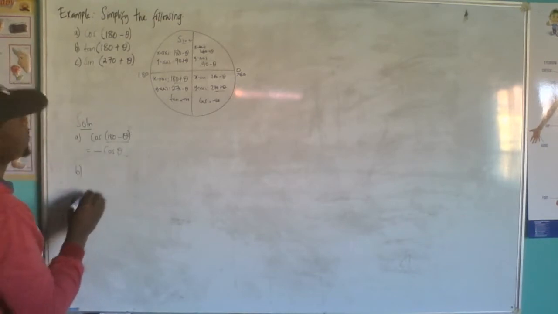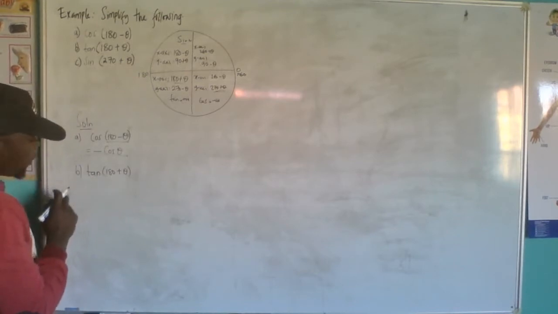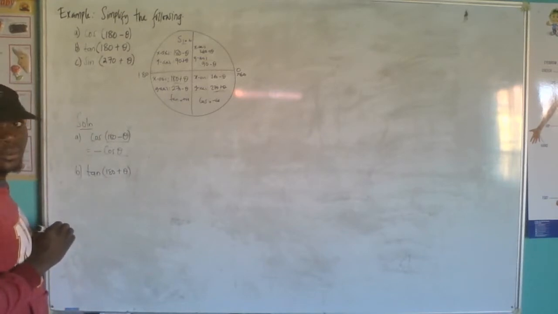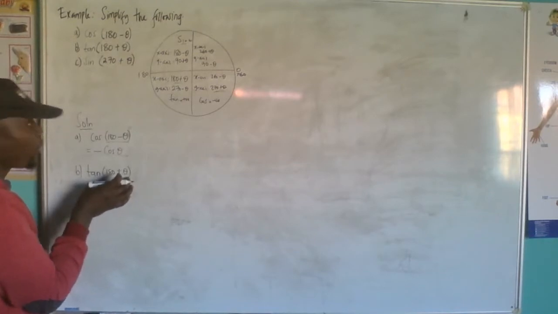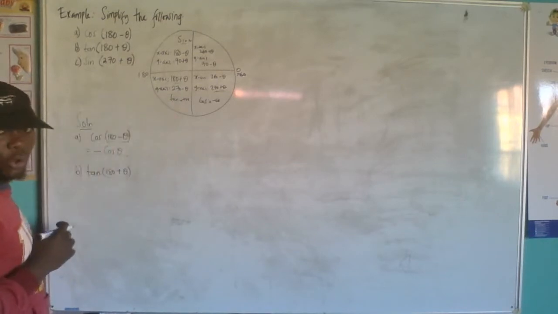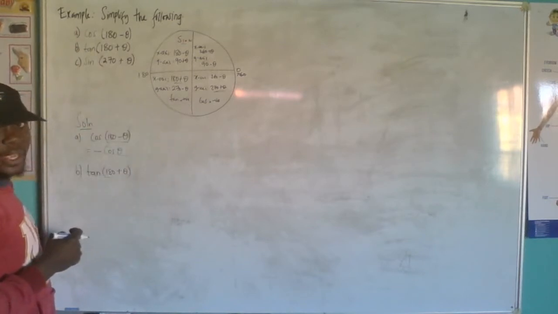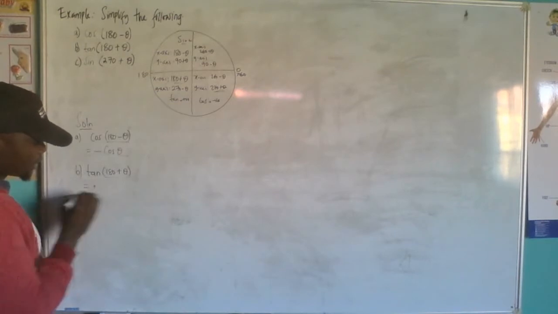The next question, tan 180 plus theta. I know where my angle is extracted from. Where do we get this angle from on the CAST diagram? This angle is got from the third quadrant. In the third quadrant, is tan positive or negative? In the third quadrant, tan is positive, so this will be positive tan.